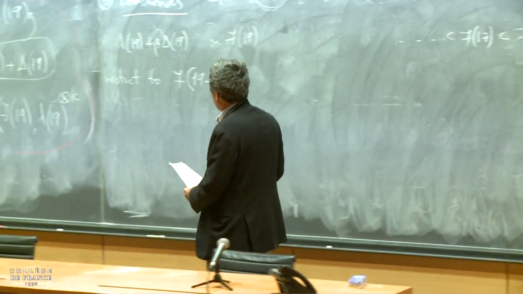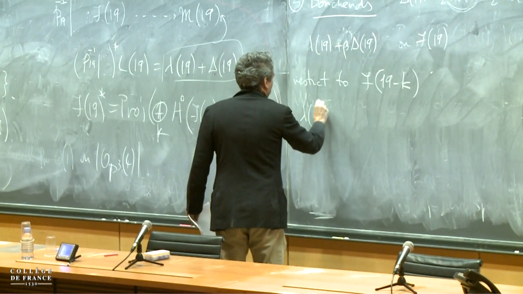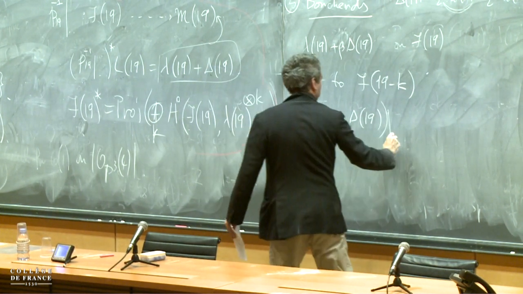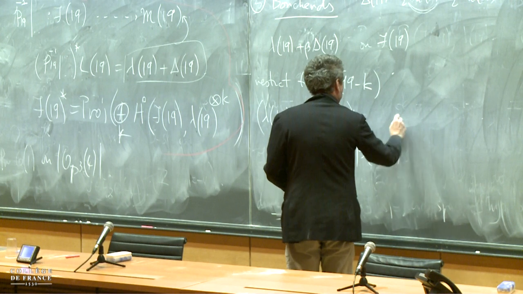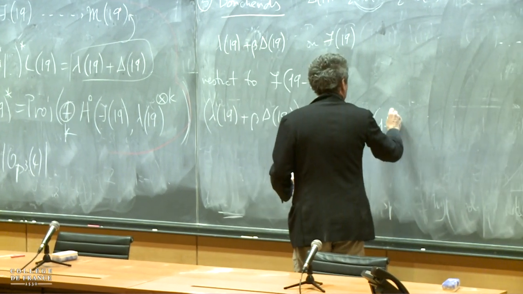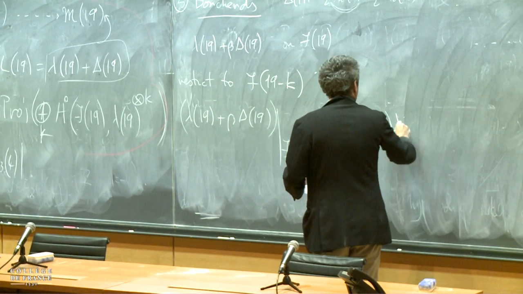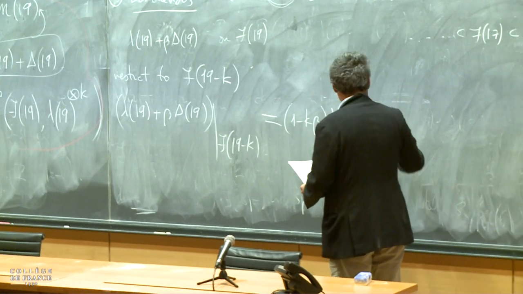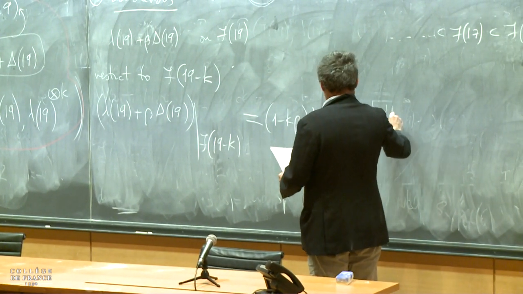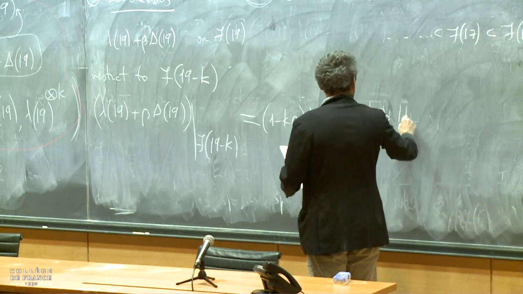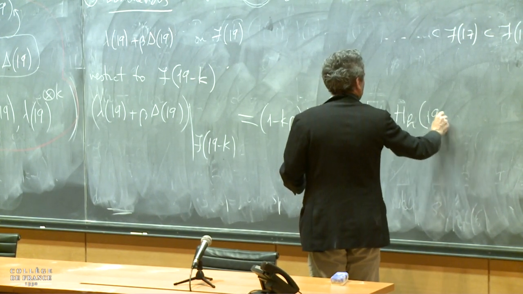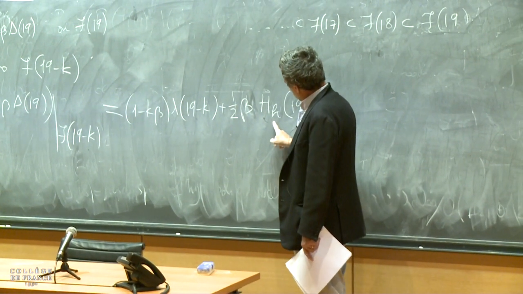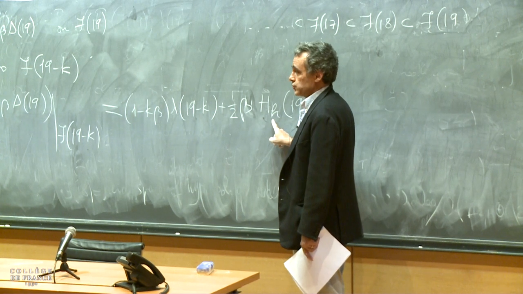And if one does some computations, one gets that this, if we restrict it to F of 19 minus k, is 1 minus k beta times lambda, the Hodge bundle here, a natural notation, plus 1/2 beta, and then we have the hyperelliptic divisor. So this was defined, as Daniel asked, in terms of just arithmetic. And so the same definition makes sense for any n.